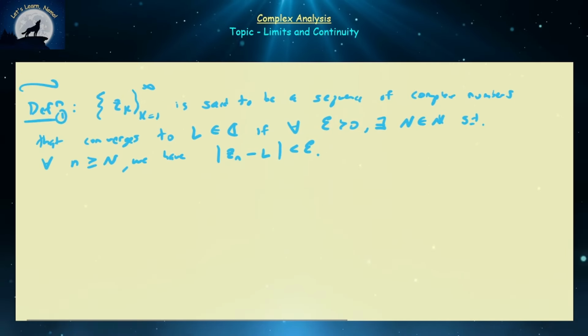Right? So the sequence is going to be convergent if the sequence elements get arbitrarily close to the number L eventually. When eventually? When n is bigger than or equal to this capital N, which is just a position in our particular sequence.